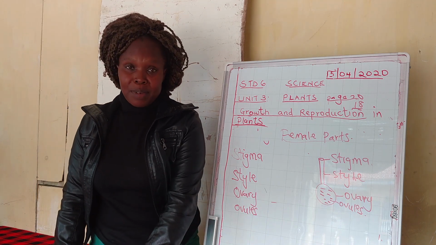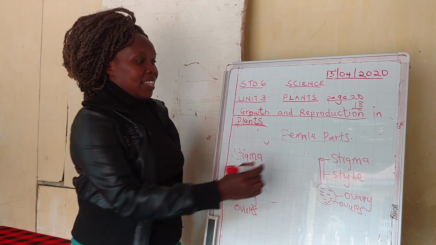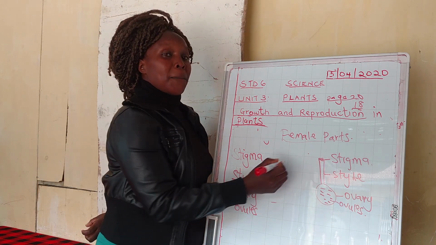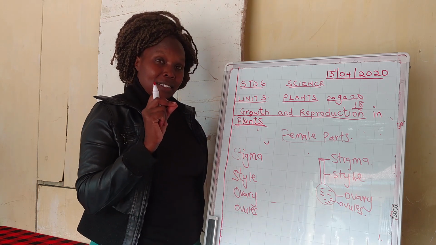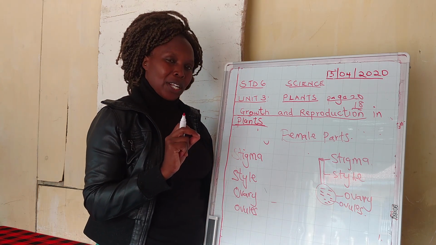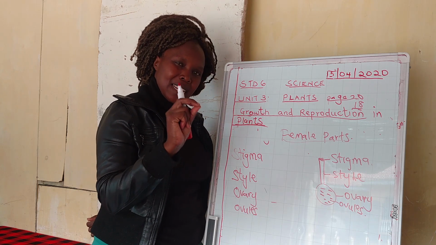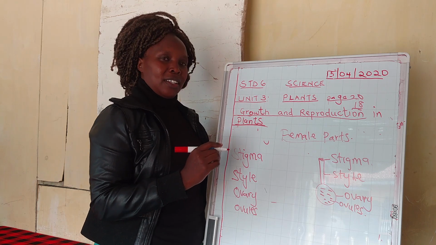So we have the stigma. The stigma receives pollen grains, and we have said that the pollen grains are the male sex cells. So the work of the stigma is to receive.